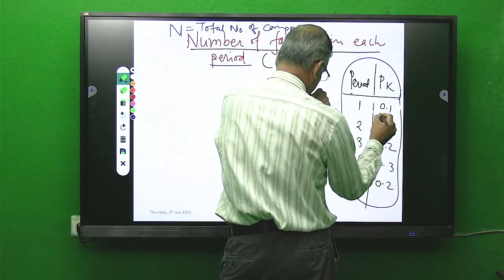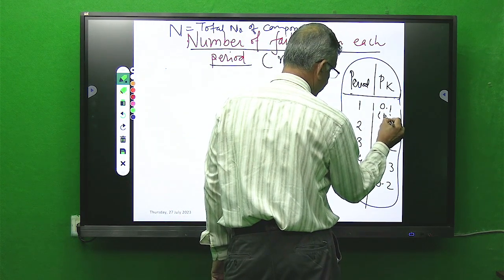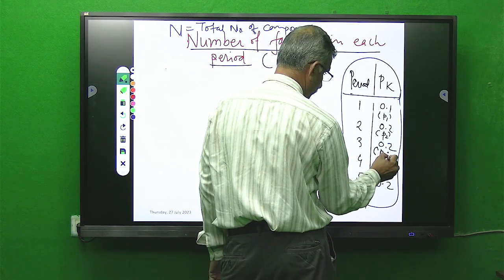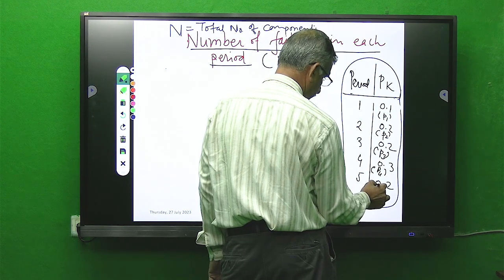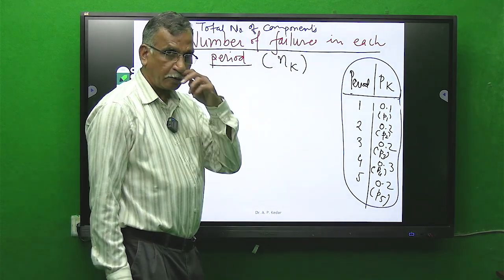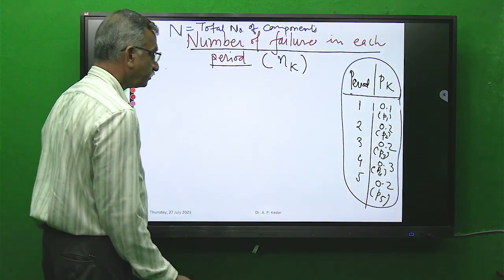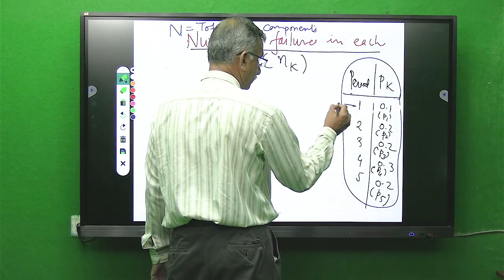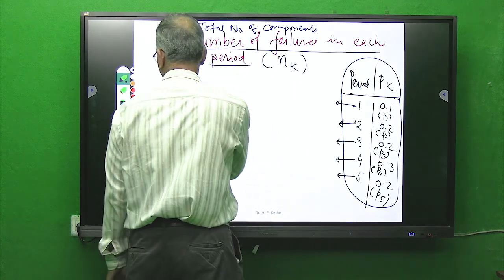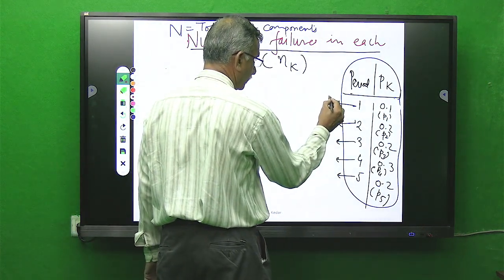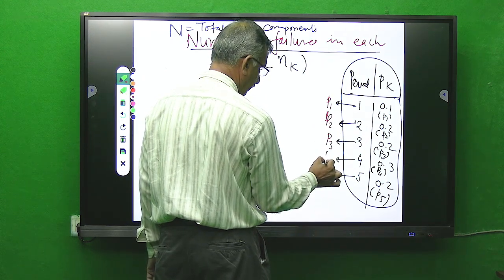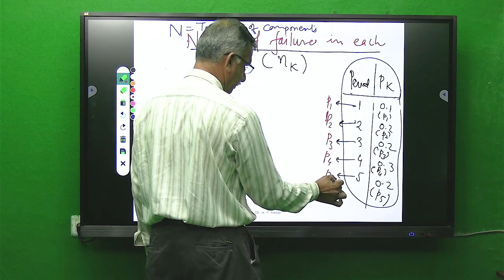So what I will do, I will write this for understanding as P1, this as P2, this as P3, P4, and this as P5. For 5 periods, 5 probability. So again, for this to be very precise, what we have written as a probability? P1, P2, P3, P4, P5.